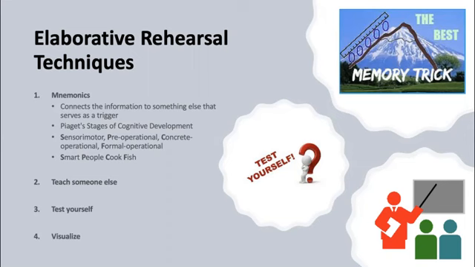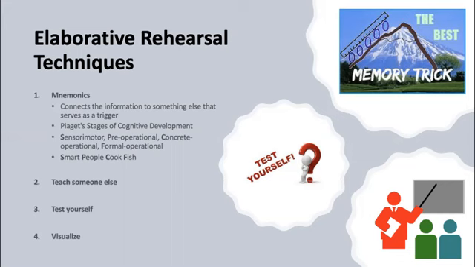So, for example, let's say you're trying to remember Piaget's stages of cognitive development, right? So you have the sensorimotor, the pre-operational, concrete operational. You might make a mnemonic such as smart people cook fish.